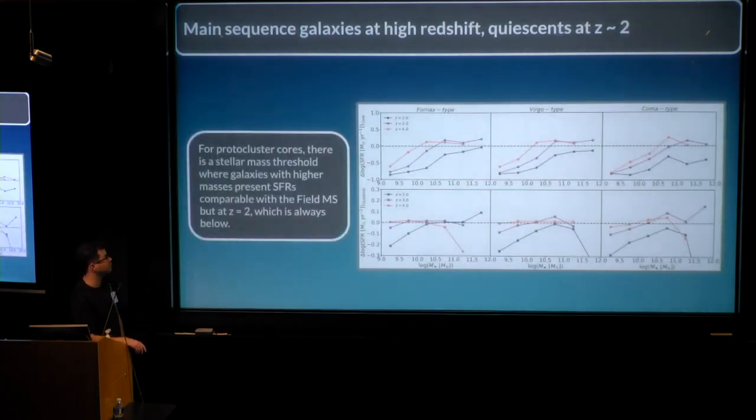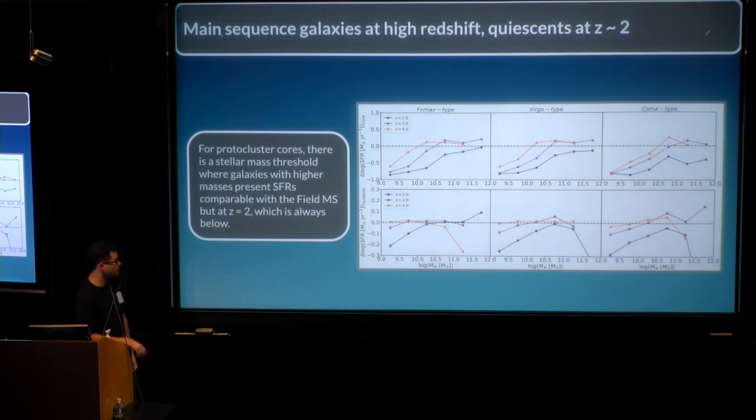And also, as we can see in observations, here we analyze, for each bin of stellar mass, the median star formation rate, and we compare those star formation rates in cores and outskirts with the field main values, galaxies in the field. If that quantity is 0, it implies that the galaxies in that specific environment and stellar mass are close to the field values.